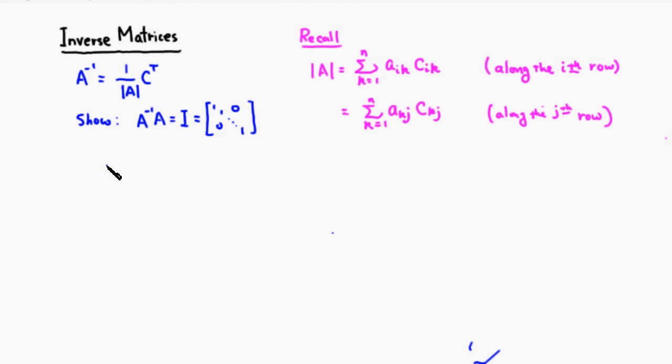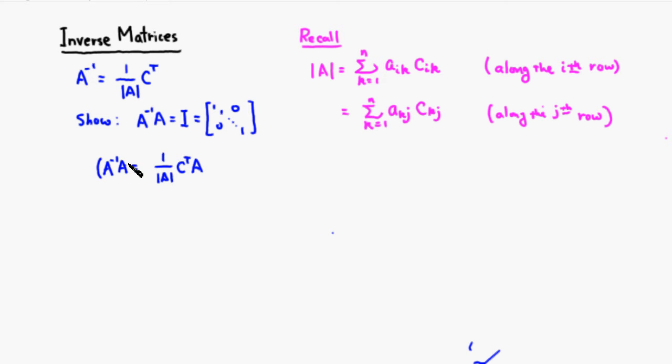So if you look at A inverse A, it's going to look like this. A inverse is 1 over determinant of A, then you have the transpose of the cofactor matrix, then times A. To make our lives easier, let's look at the ith row, jth column element of the result of this matrix.